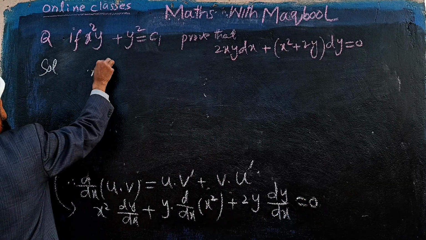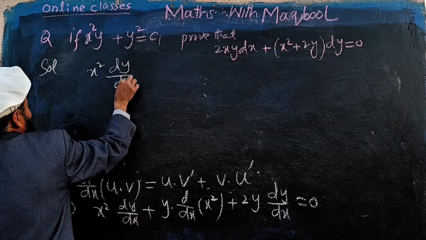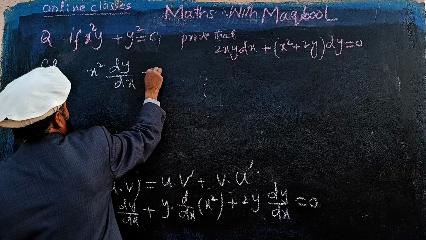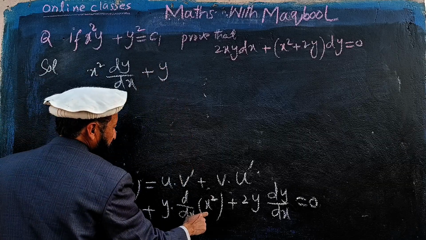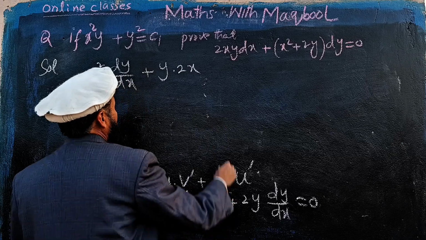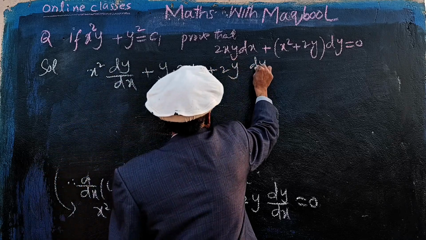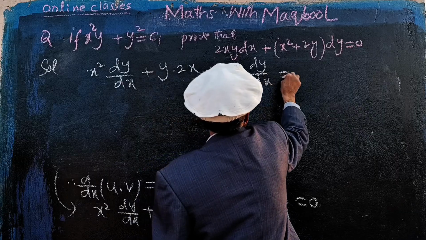So x square dy by dx plus y, and the derivative of this function with respect to x is 2x, plus 2y dy by dx is equal to 0.